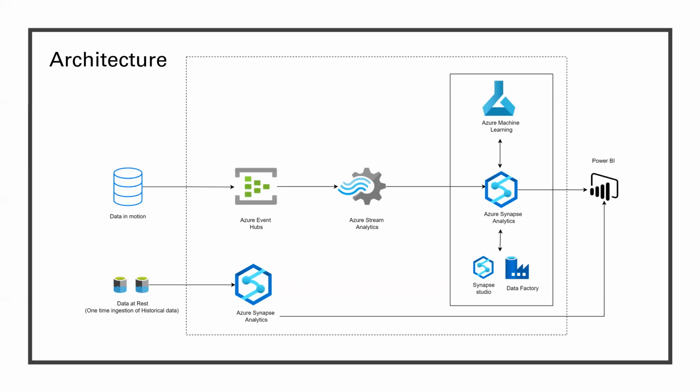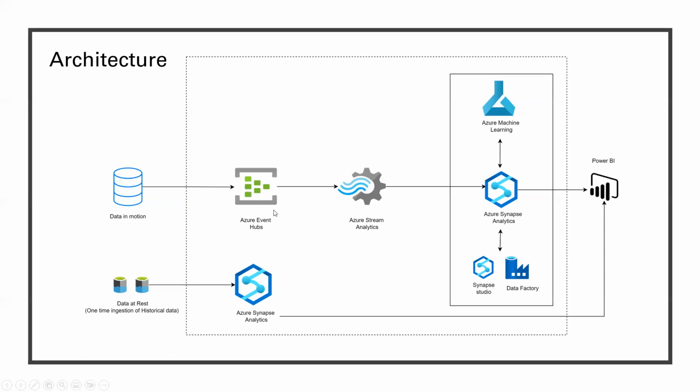Once we have data in Event Hubs, what is the next step? Then we use Azure Stream Analytics, which analyzes the data to provide near real-time analytics on the input stream and directly publishes to the Power BI dashboard. So our step one is to bring the data from the source and store it in Azure Event Hubs.